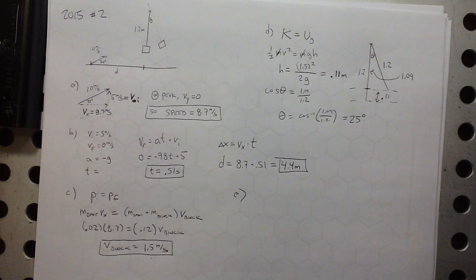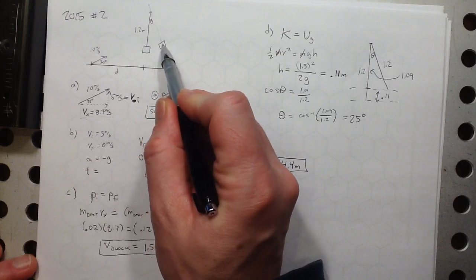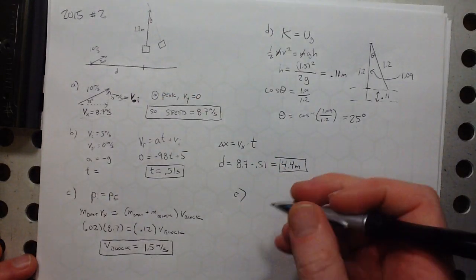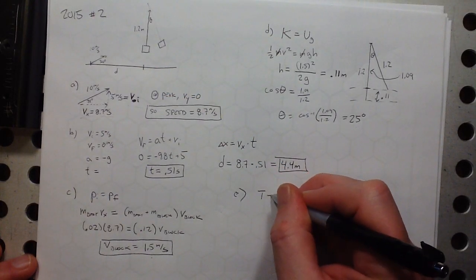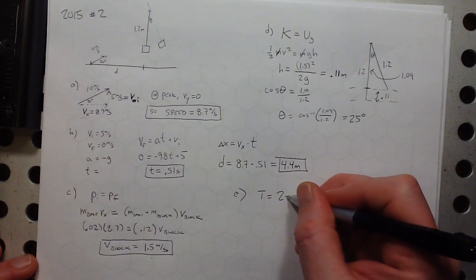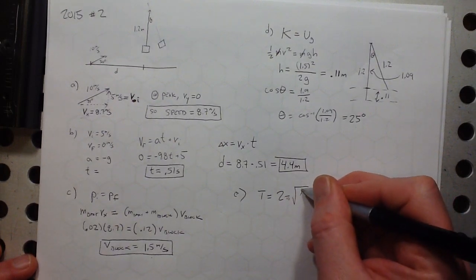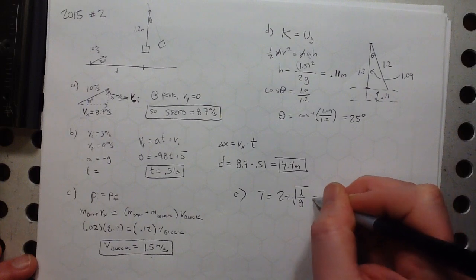they want to know that the block then continues to swing as a simple pendulum, and they want to know how long it is going to take for it to go from here to there and back again. Well, the period of a simple pendulum on your formula sheet, 2 pi times the square root of L over g.